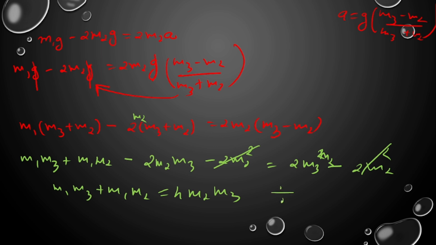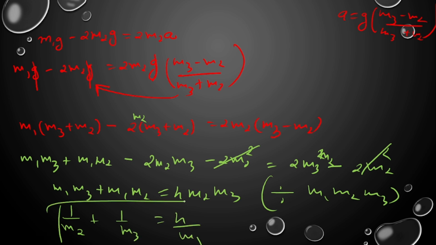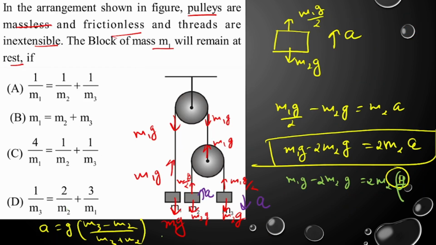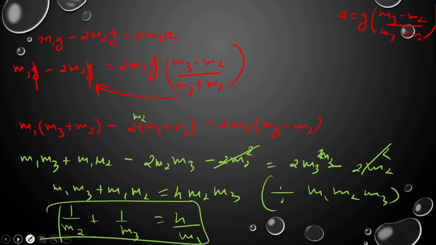Dividing all the equation by m1m2m3, in this term we will get m2 plus in this term we will get m3 equals 4 upon m1. So this is our answer: 1 upon m2 plus 1 upon m3 is equal to 4 by m1. This is our answer.